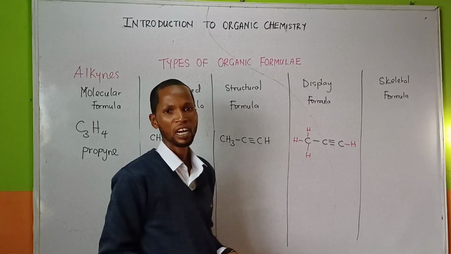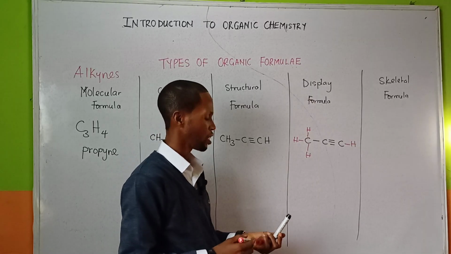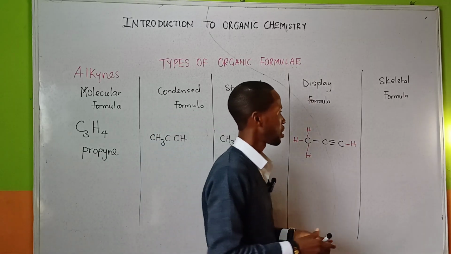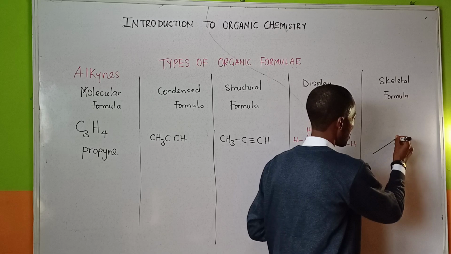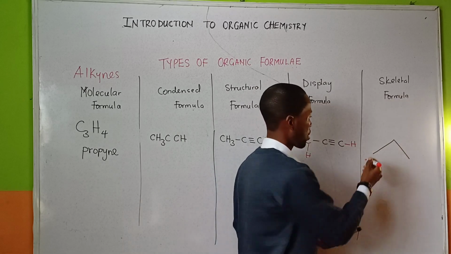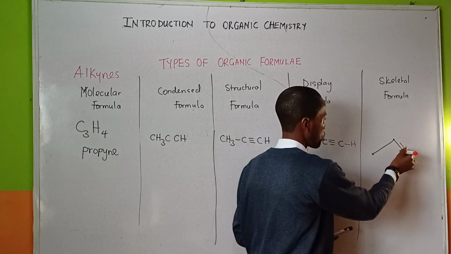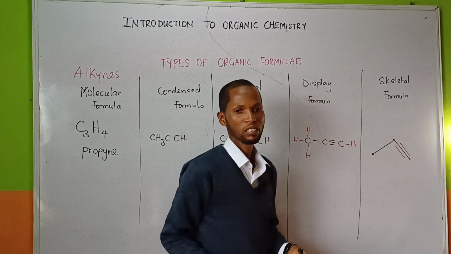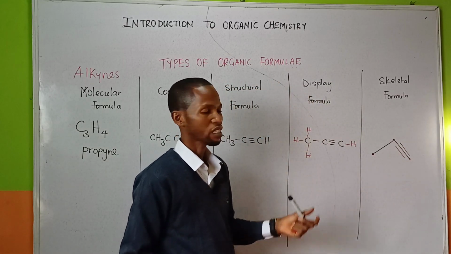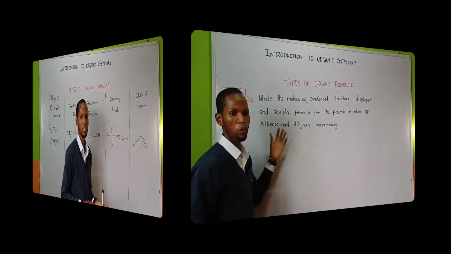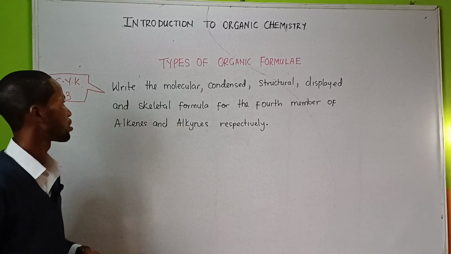So if you check around the carbon, we have 4 bonds around each of the carbon there. The skeletal structure is written this way. So here we have carbon, so triple bond. Okay, so that's the skeletal structure for the propyne. So we have the CYK3.